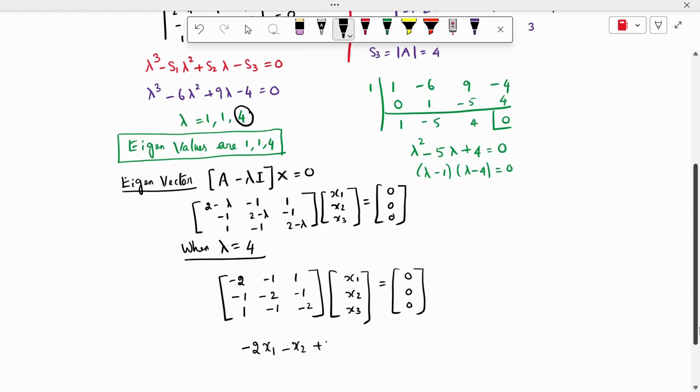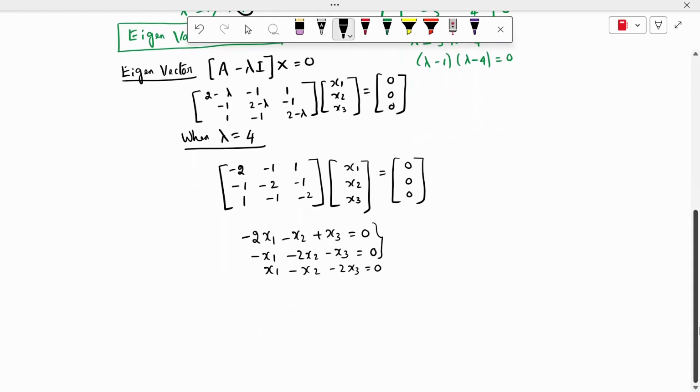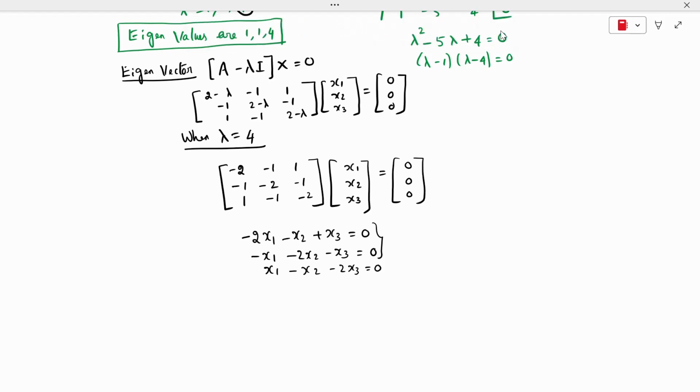Write any two equations and solve by the cross multiplication rule. I am going to take only the first two equations for the cross multiplication rule.